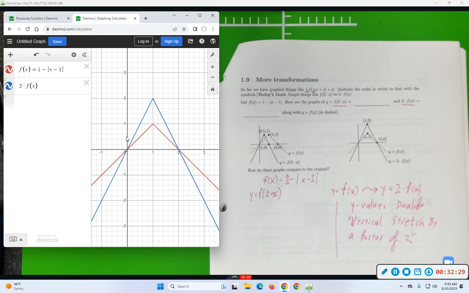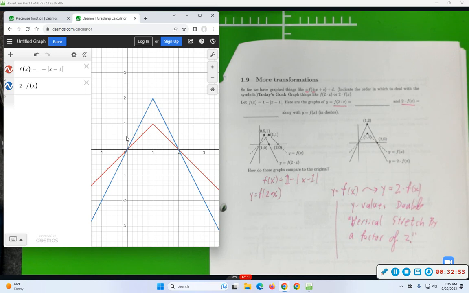What do you think should happen before I even graph it? What do you feel like should happen when I multiply the inputs by 2? Yeah, it should be like the opposite, and it should be horizontal. So I think a compression will happen, and it'll happen to the x values.